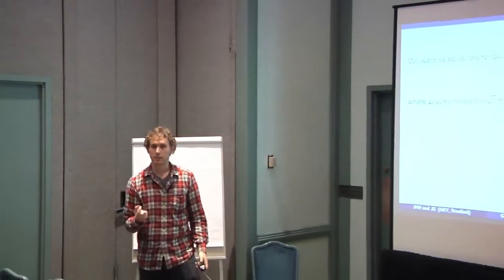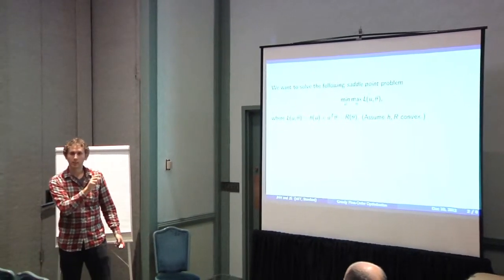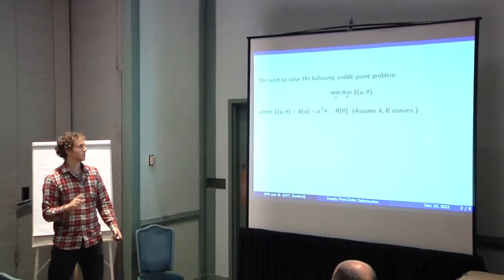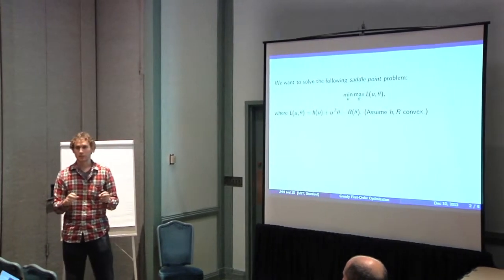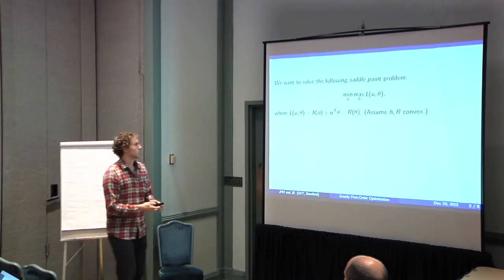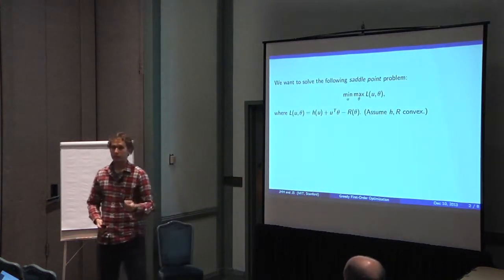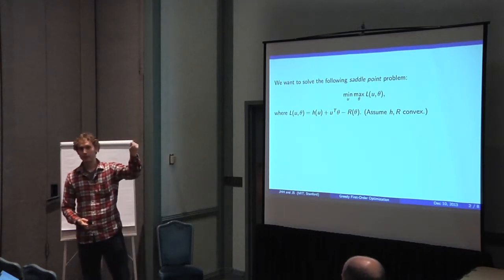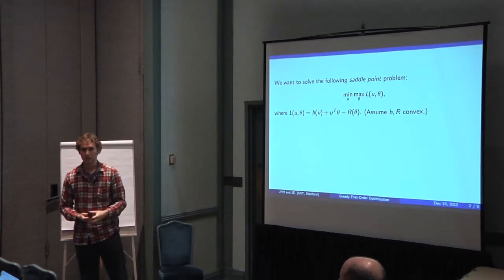If you just try to do that, you're going to be in trouble because you have no convexity anywhere. There's a family of techniques that involve smoothing the game out, which corresponds to artificially adding one or both strongly convex terms, and then letting the scale go to 0 as time goes on so that you get the right answer.